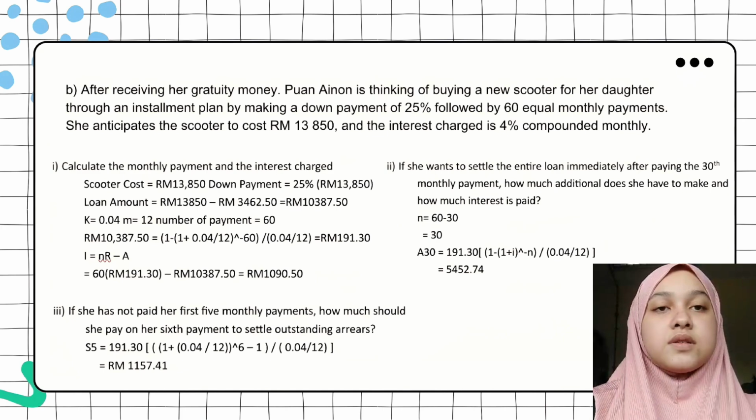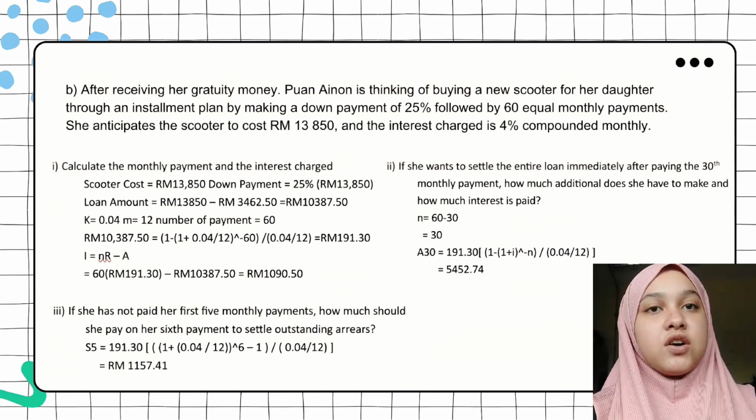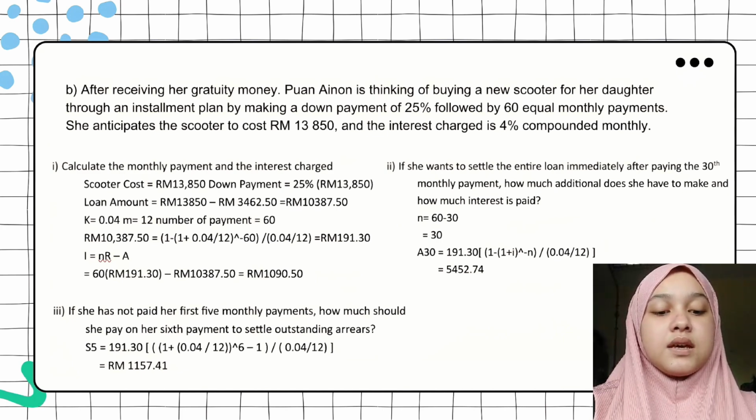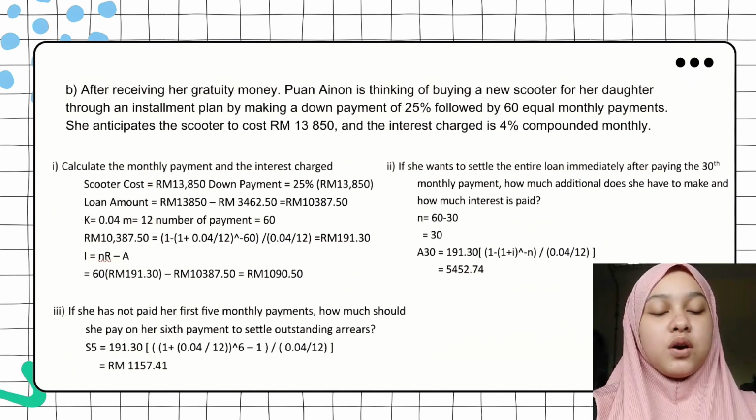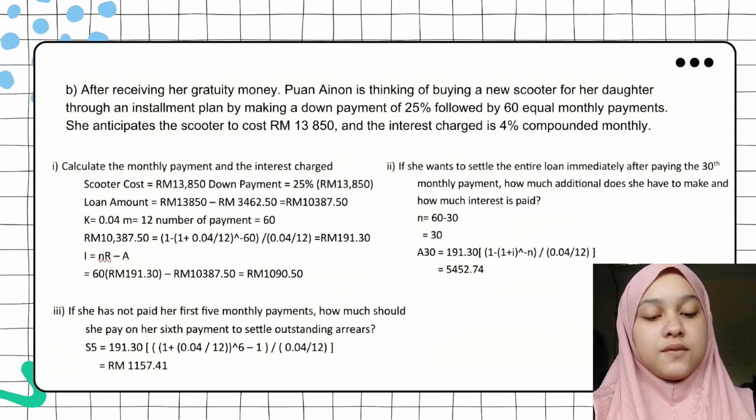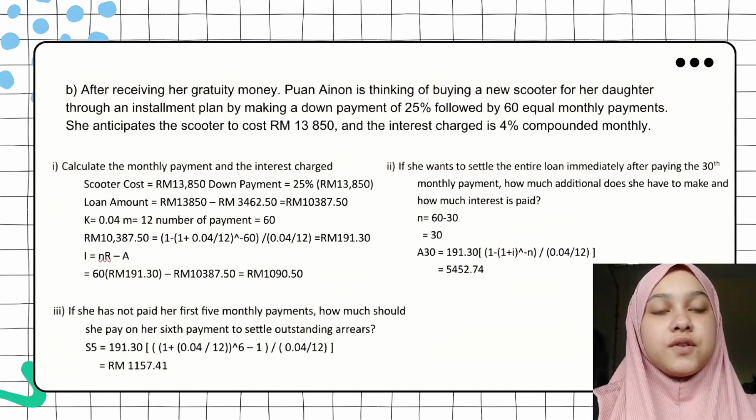Then we can find the amount of A30. A30 equals 191 ringgit 30 cent times [(1 minus (1 plus i) to the power of negative n) over 0.04 over 12]. And the answer for this question is 5,452.74.